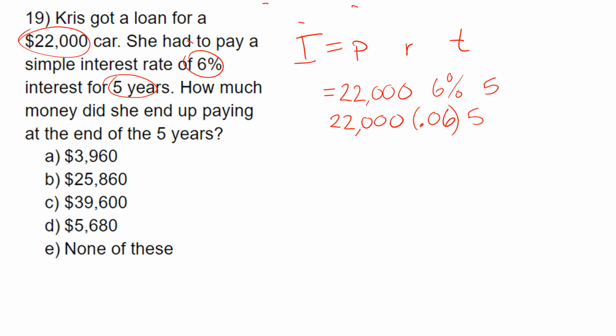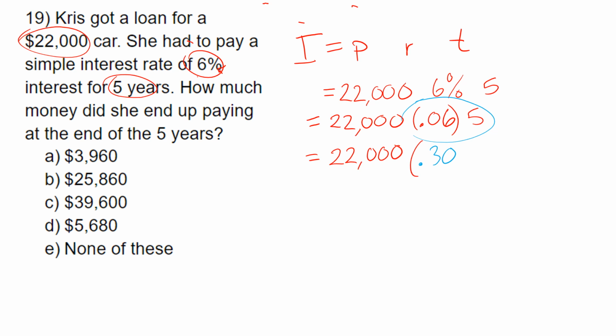Okay, I'm going to multiply these two together. It's kind of easy for me to do because 6 times 5 is 30. So it ends up being 0.30. And we have 22,000.